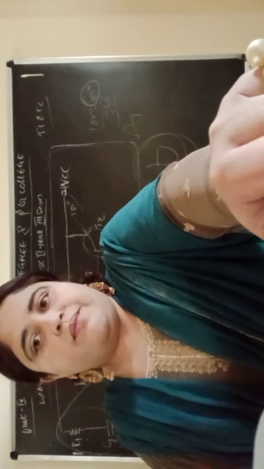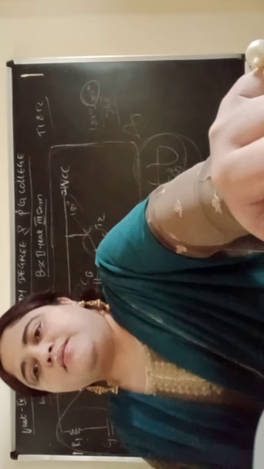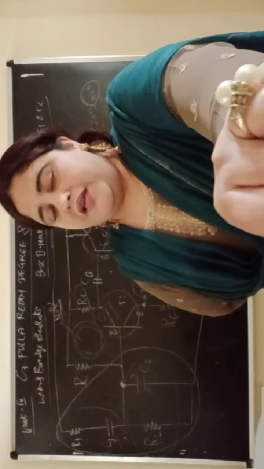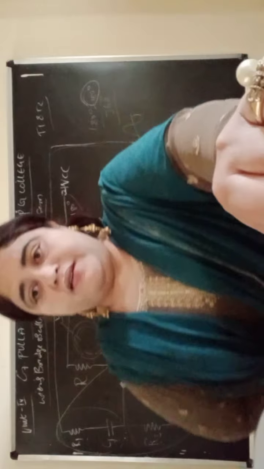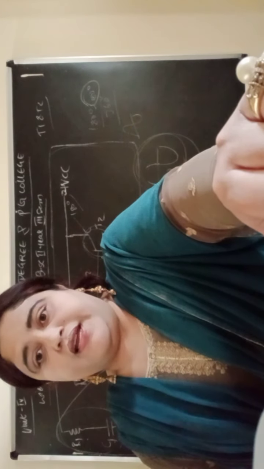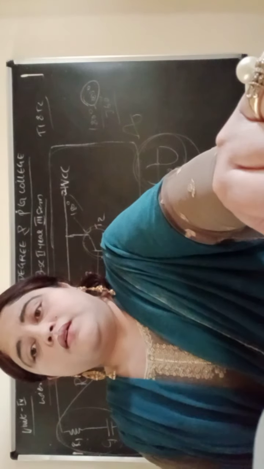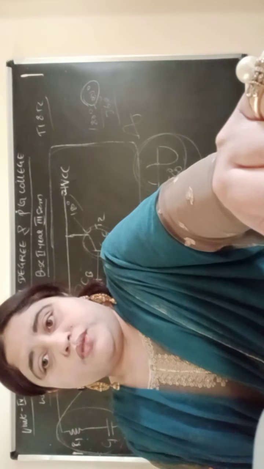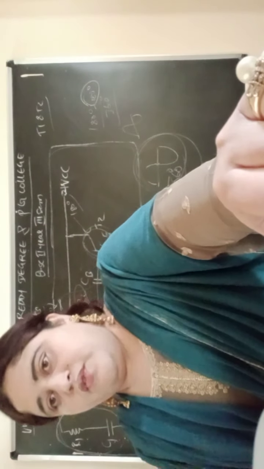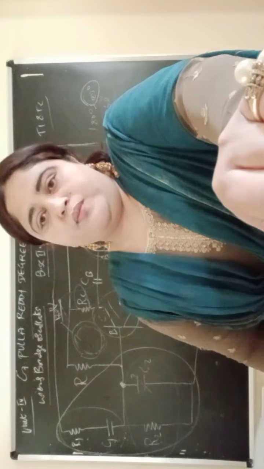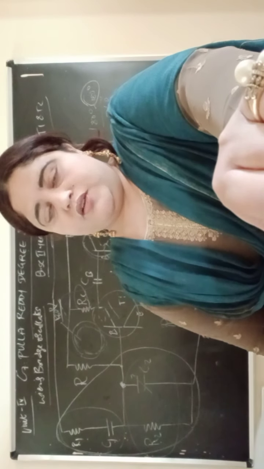What is that? 1 by 3. Then finally we went for our main part: we took the Wien bridge oscillator network and connected it to one circuit. This Wien bridge network is used as a feedback network for that circuit. That gives the most important operation for our circuit.